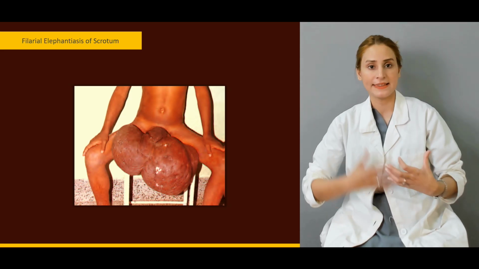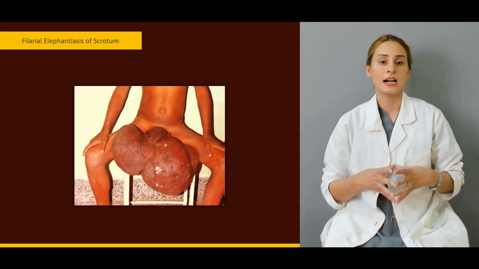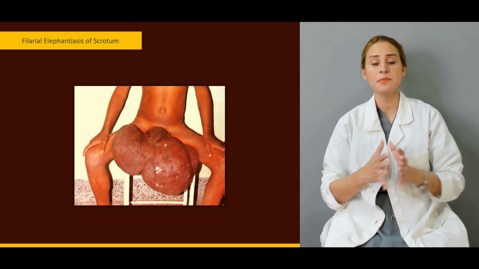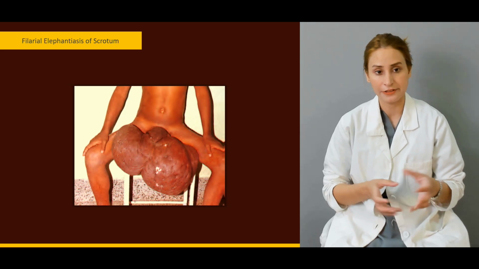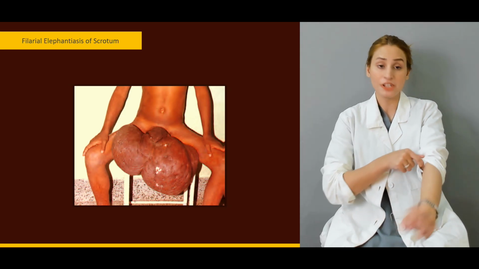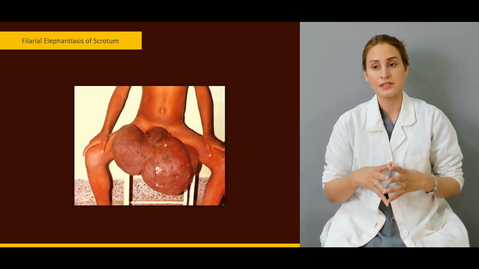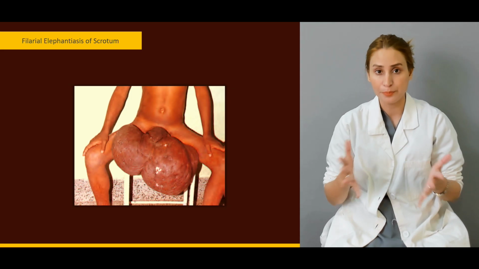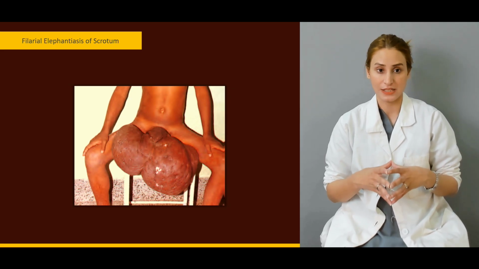So bigger and thicker skin and large lesions, that is elephantiasis. There can be a filarial elephantiasis, or there can be a non-filarial elephantiasis. The filarial elephantiasis is secondary to the organism Wuchereria bancrofti in almost 90% of the cases.